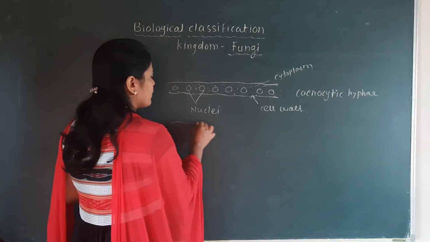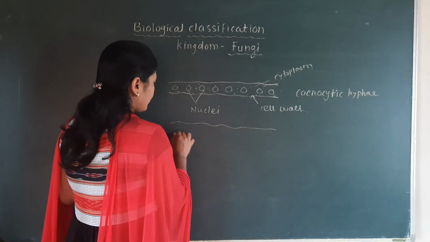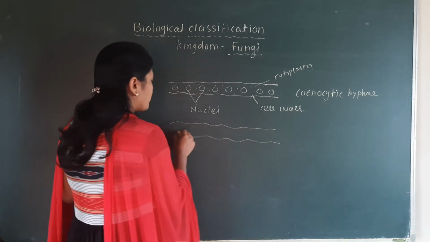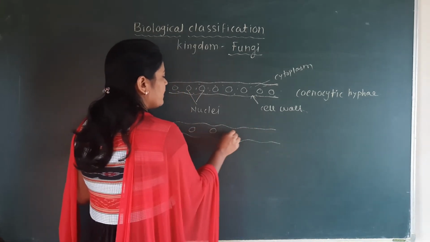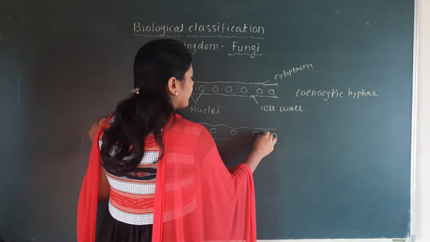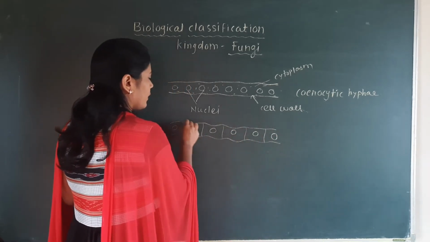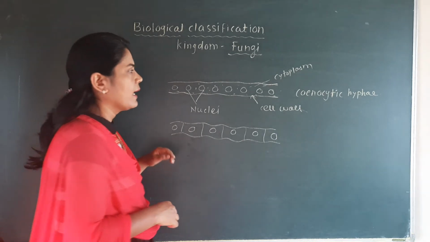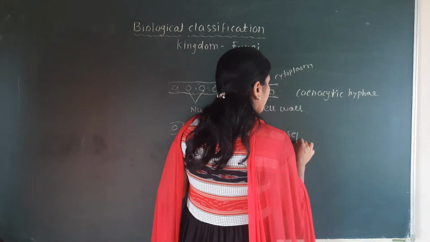So the second structure of the hyphae is like this. The same structure will be there, but the difference is that they have a partition between the nuclei, and they are called septate hyphae.